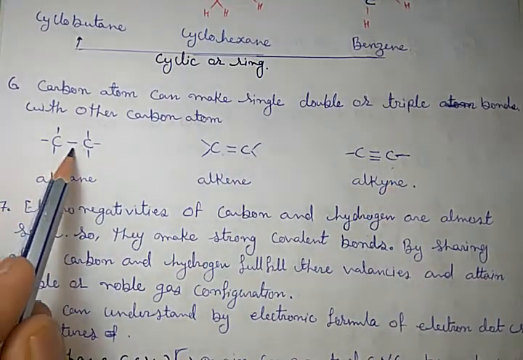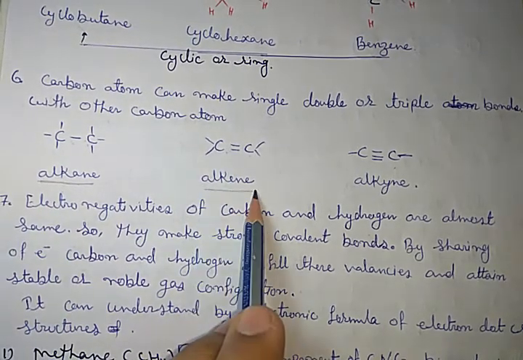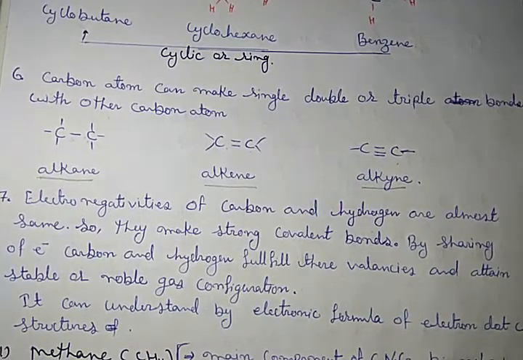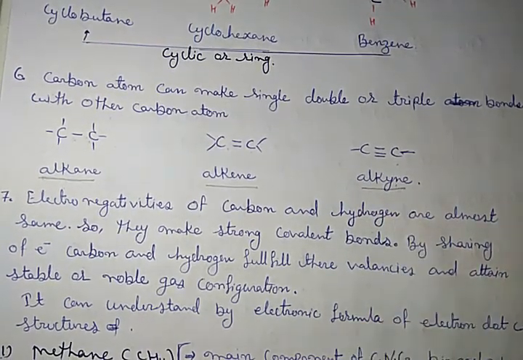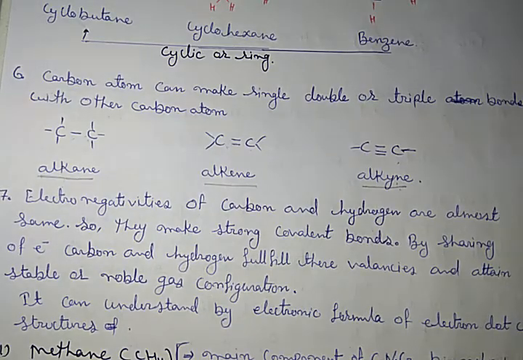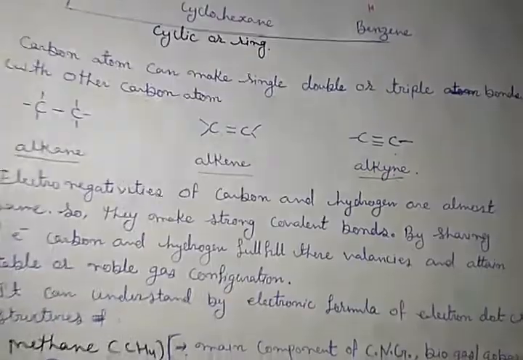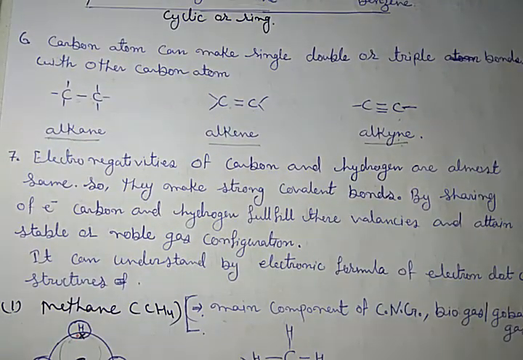If combined with a single bond, they are called alkanes. If double bonds, then alkenes, and if triple bond, then they are called alkynes. Y-N-E sound, that is yne, alkynes. Got it?